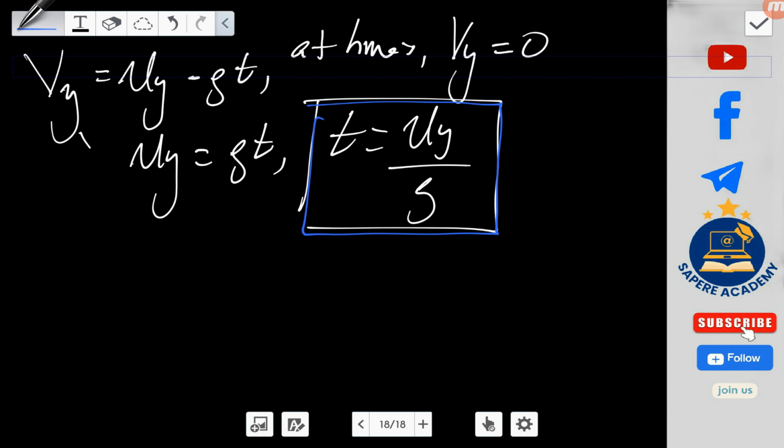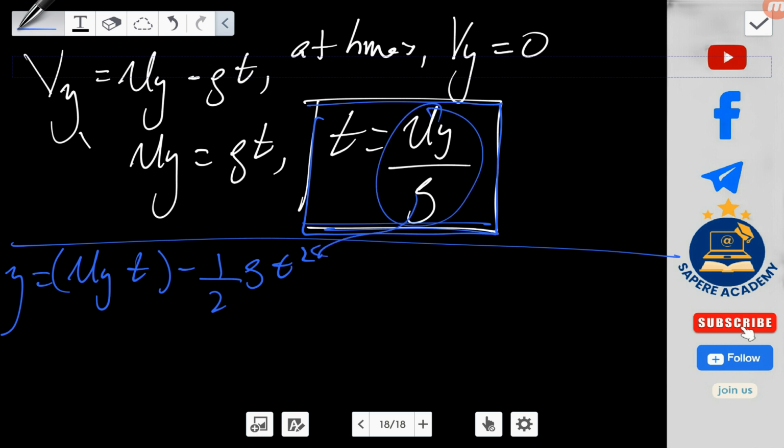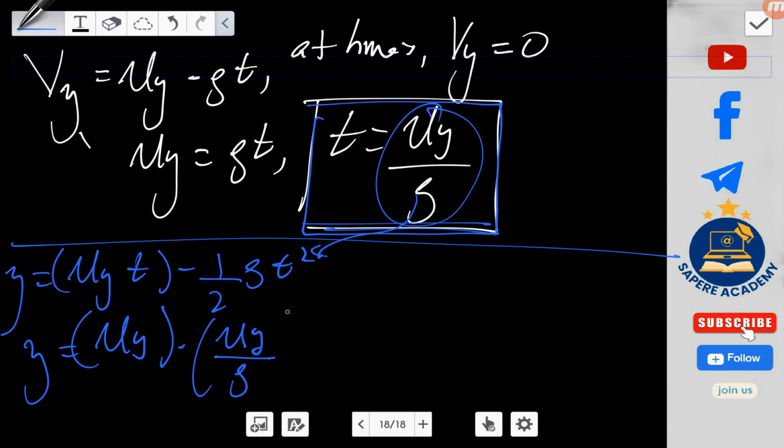Now another way to find h max: remember that we said y is u of y t minus half g t squared. Since t is the time it takes to reach h max, substituting it here, the value of y will be h max. So y equals u of y times u of y over g, minus half of g times u of y squared divided by g squared.